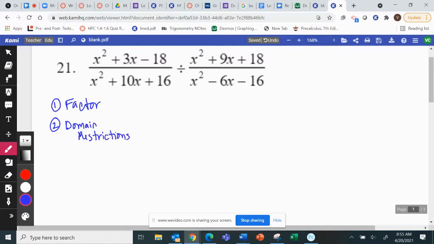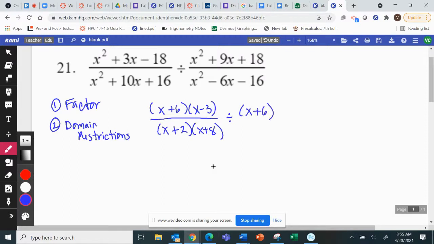So for 21, we're going to factor it. x plus 6, x minus 3, x plus 2, x plus 8, divided by x plus 6, x plus 3, and x minus 8, x plus 2. There's step 1.